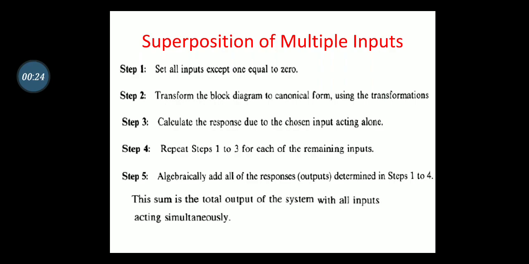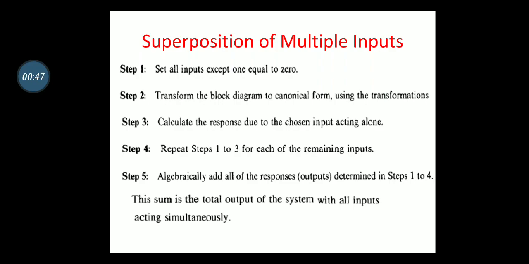That means if one or more inputs are given to the block diagram, how that particular block diagram is reduced into canonical form, and how to calculate the transfer function of that block diagram, so that we are going to discuss now. Several steps are followed.